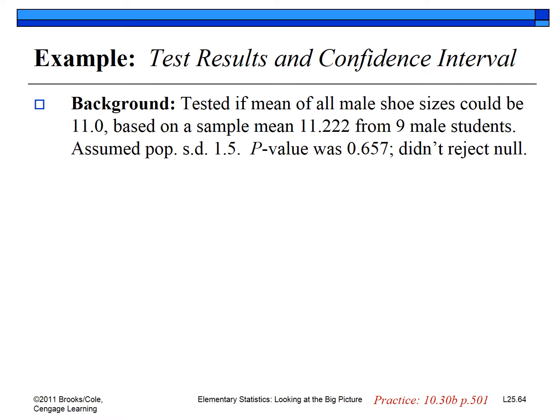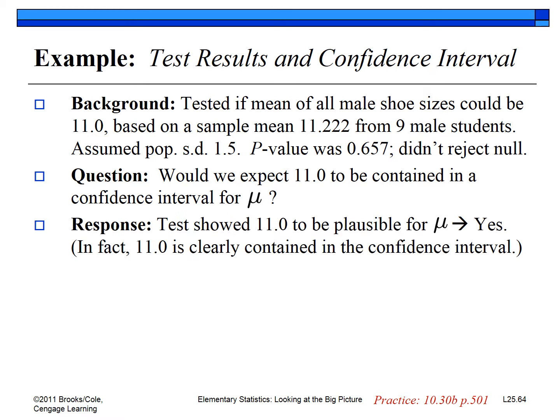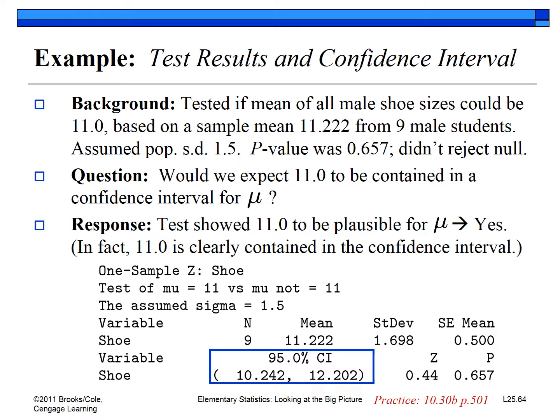Now, in the same shoe size example, would you expect 11 to be contained in the confidence interval for mu? Well, since 11 was deemed to be plausible, we did not reject the null hypothesis, I would expect that 11 would be in the confidence interval. And in fact, if you look at the output again, you'll see it.